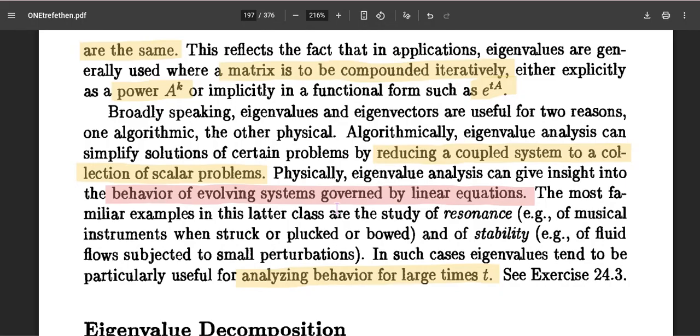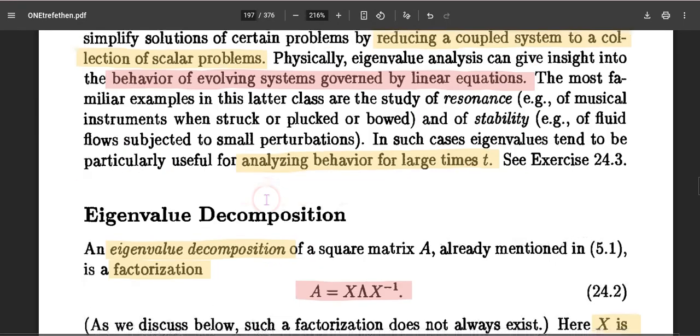With respect to analyzing physical systems, it helps us understand the dynamics of the physical systems, how they evolve, whether they are stable, and what the fixed points are when they evolve over a large number of time steps. So these are the main applications for analyzing eigenvalues and eigenvectors for a system of equations.